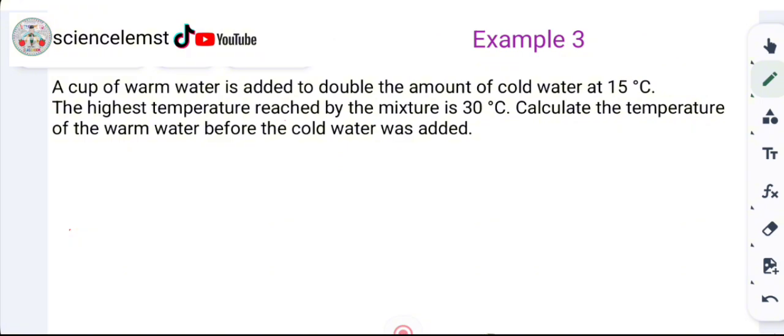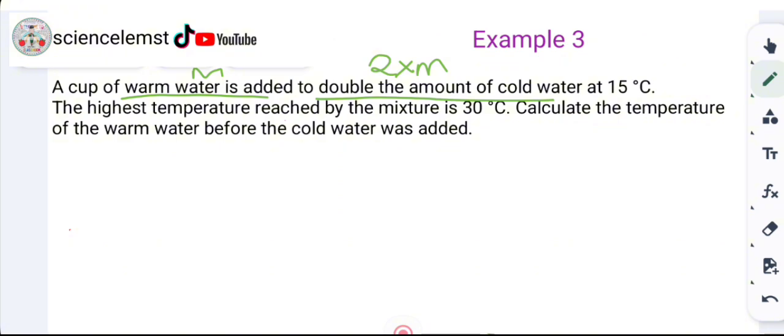A cup of warm water is added to double the amount of cold water. So 2 multiplied by m. We don't know how much the cold water is. So double m. That means the warm water is just m, the mass.